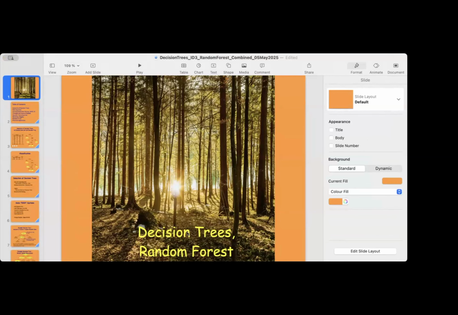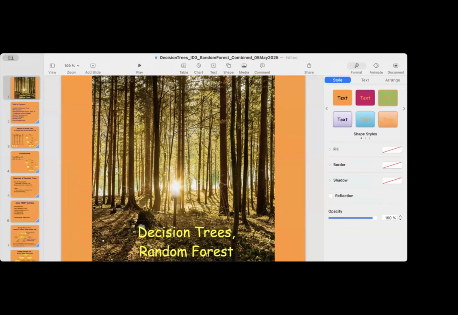The tree is one thing, but the tree is usually sitting in a forest, which means that there could be other trees around, or there could be multiple trees. That is called a random forest.